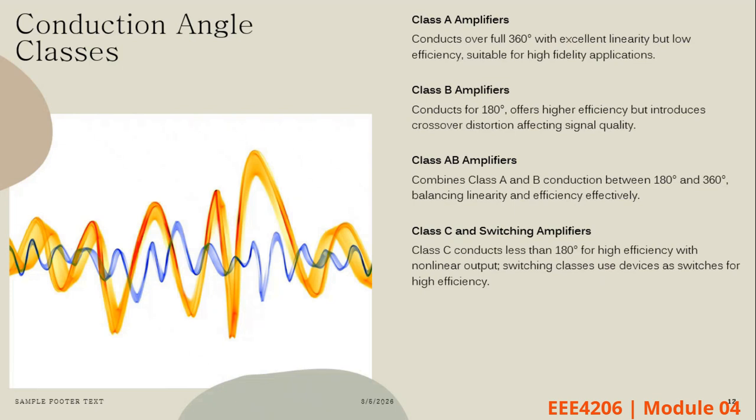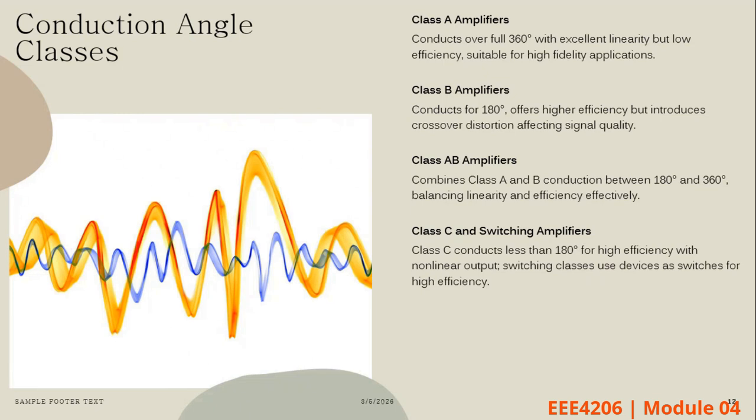Then in class B amplifiers, instead of conducting the full 360 degrees or being on all the time, it is off for some time. So the conduction angle is 180 degrees. It is on for 180 degrees and off for 180 degrees, so exactly half.